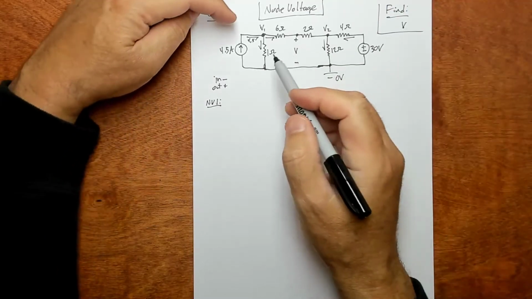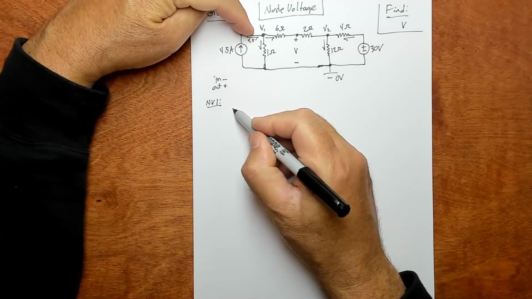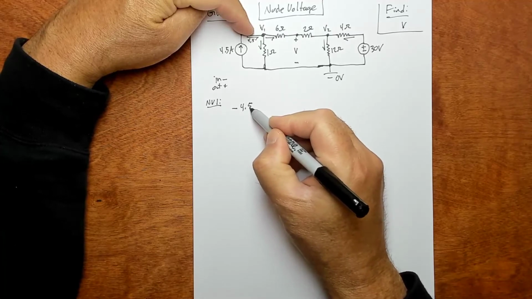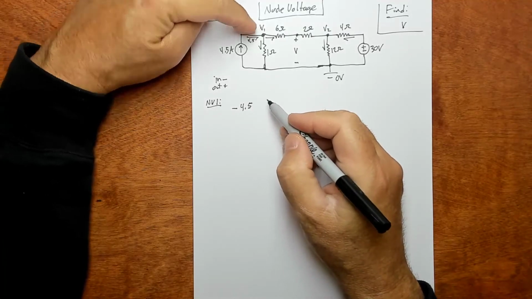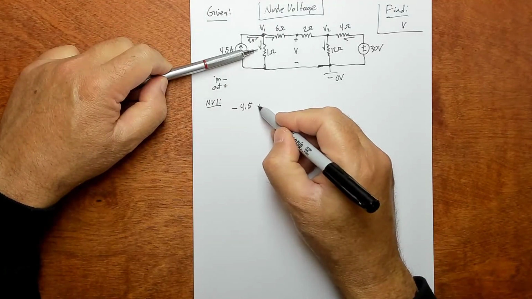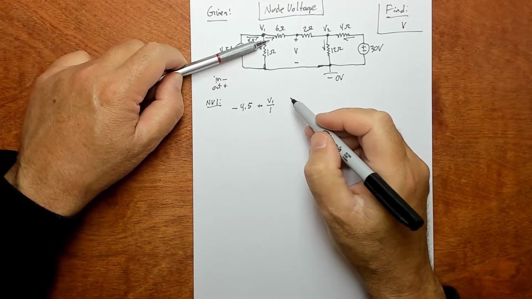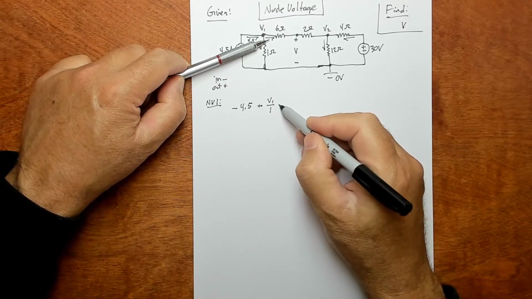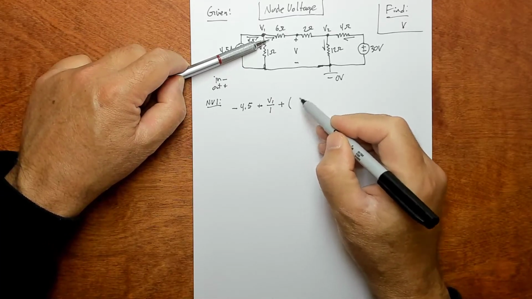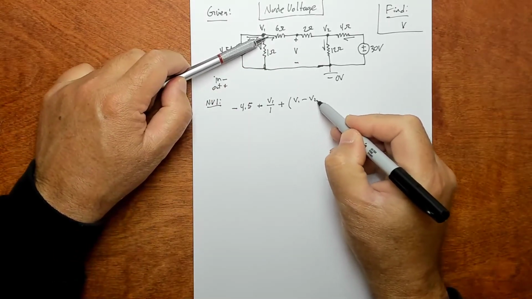Okay, now we can write these things. So for V1, I've got in, which is negative 4.5 amps. And then this current here coming out, it's out, so it's positive. It's going to be V1 over 1 by Ohm's law. This guy coming out, it's out, so it's positive, and the term is the potential difference, right? It's V1 minus V2.